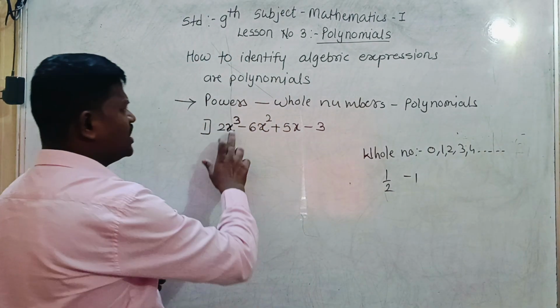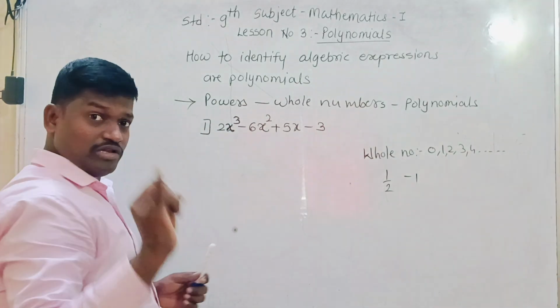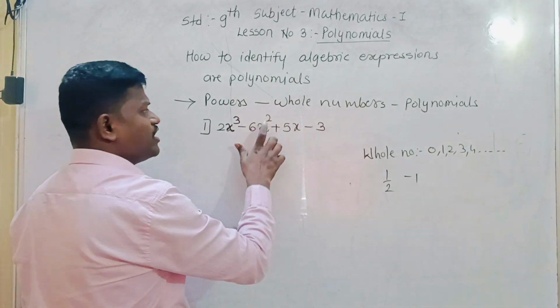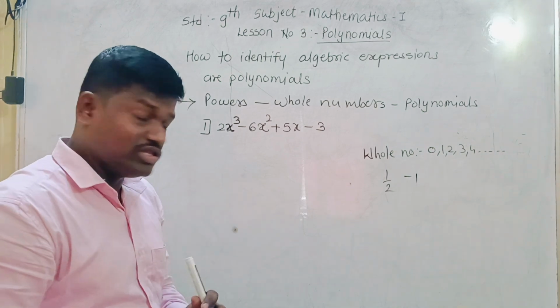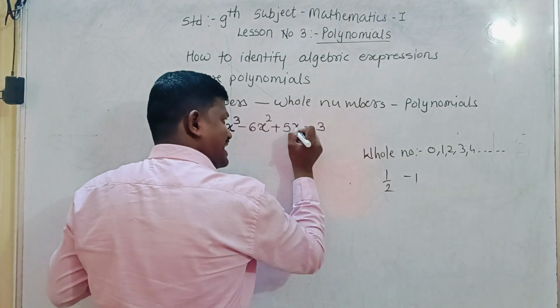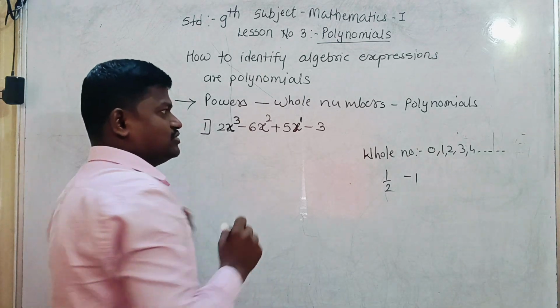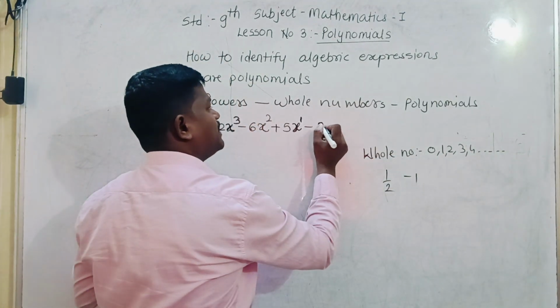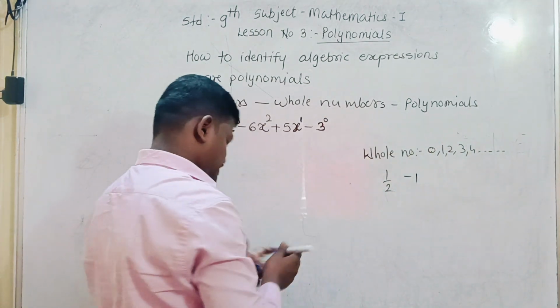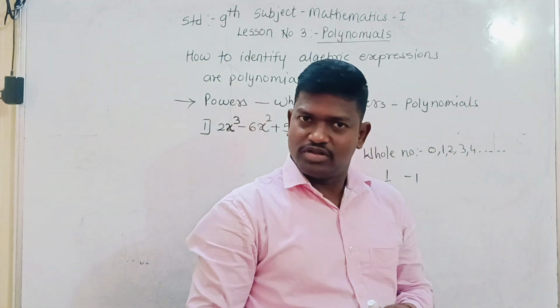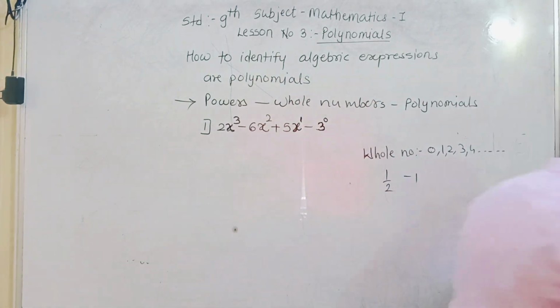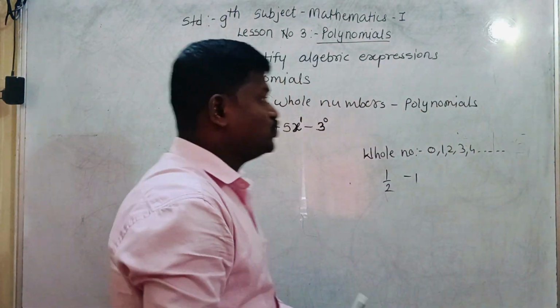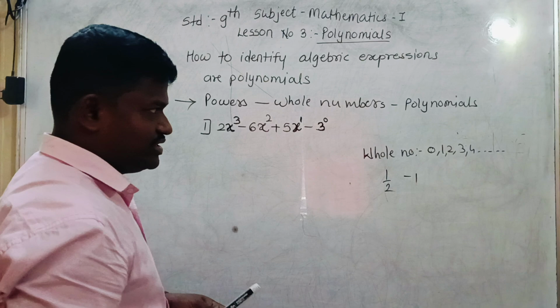See, x has power 3, that is a whole number. Here x has power 2, also a whole number. X power is 1, so also a whole number. And then 3 means power 0, also a whole number. Understood? So it is very easy to find out which is a polynomial.